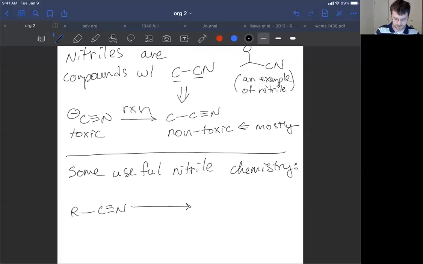It turns out that if you add water to this with acid or base, pretty flexible in terms of the conditions, usually we have to have some sort of heat to drive this over a high barrier for the reaction to occur.